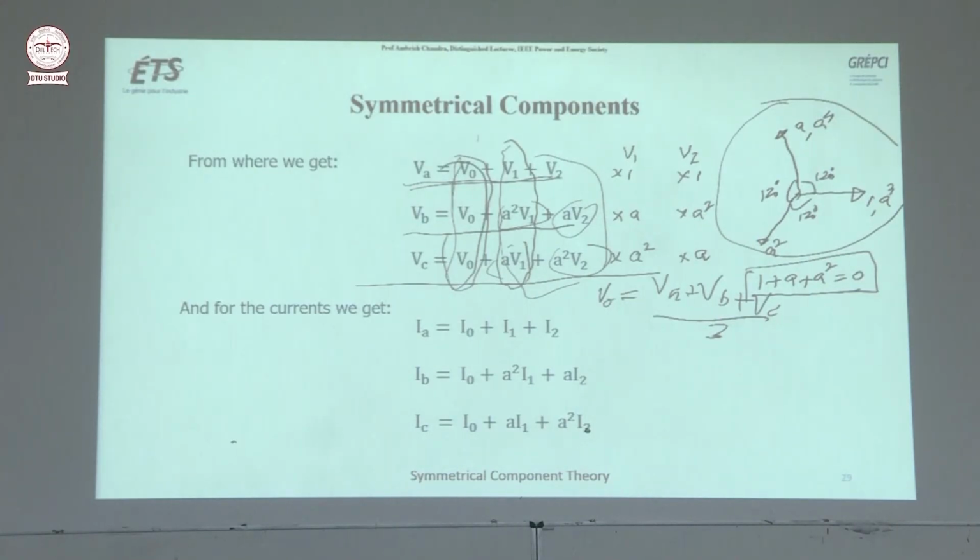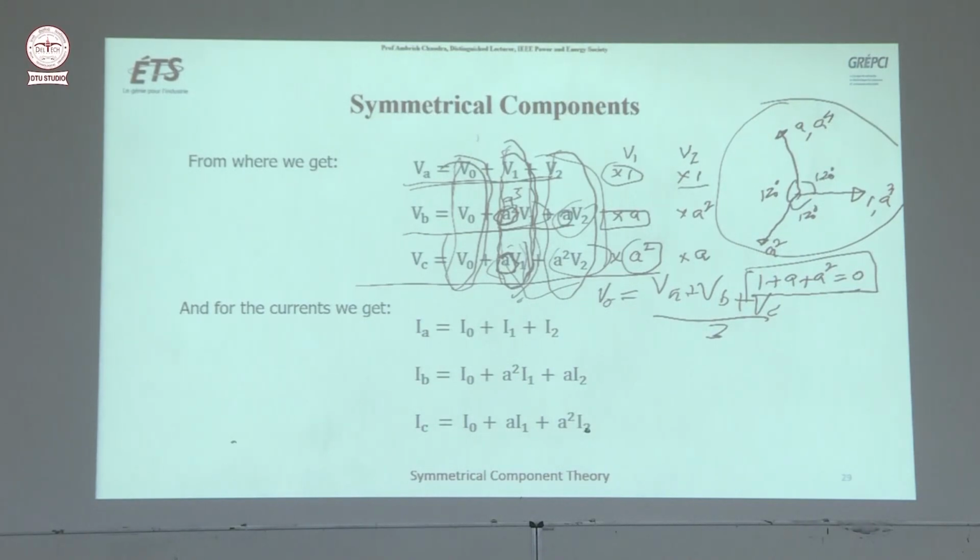Now if you have to calculate V1, in this equation you multiply by 1. In this equation, to get V1 you have to multiply by A, because then it will become A cube, and A cube is equal to 1. Here you see it is A, so you multiply by A square. That way you can eliminate other things and calculate V1. To calculate V2, you multiply by 1 here.